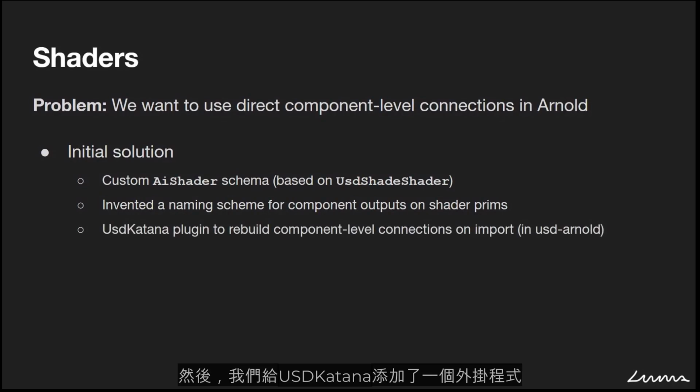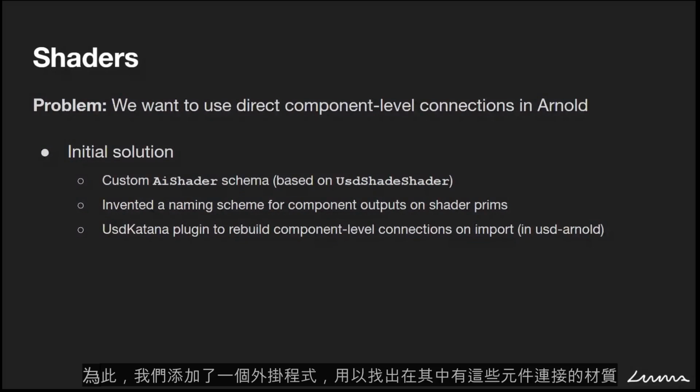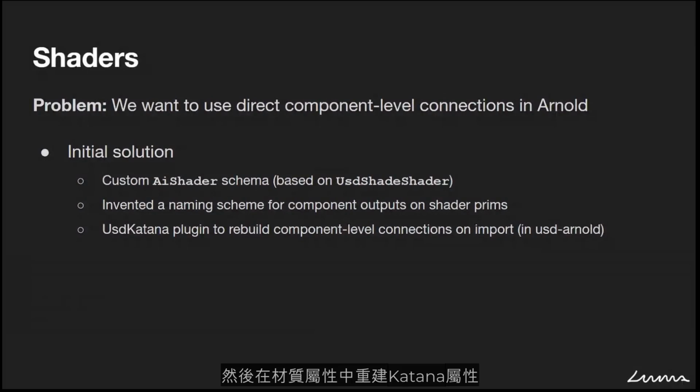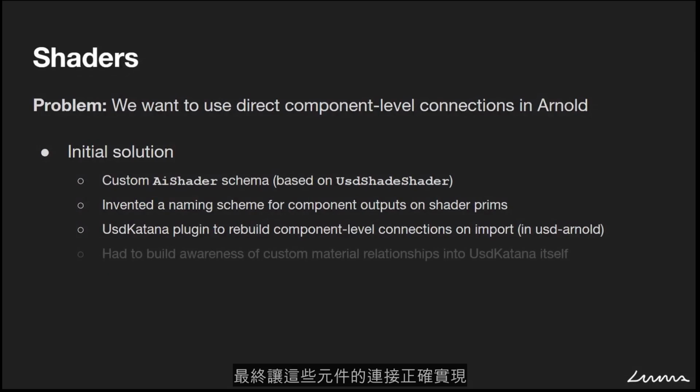And then we added a plugin to USD Katana, which is the core USD library and plugins that originally were from Pixar, now maintained by the Foundry. So we added a plugin that would find materials that had these component connections in them and then rebuild the Katana attributes in the material attribute so that those component connections came in properly.